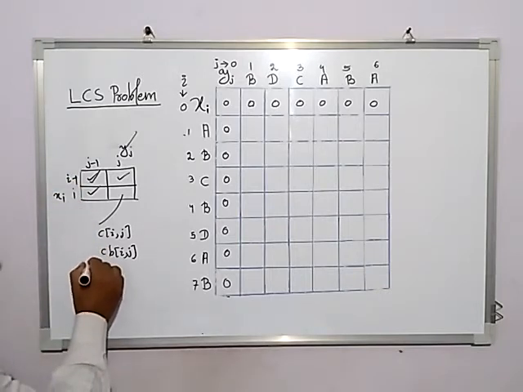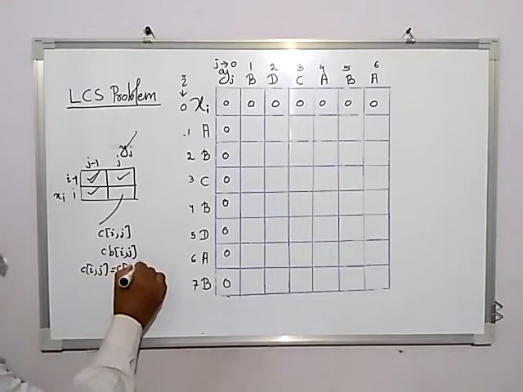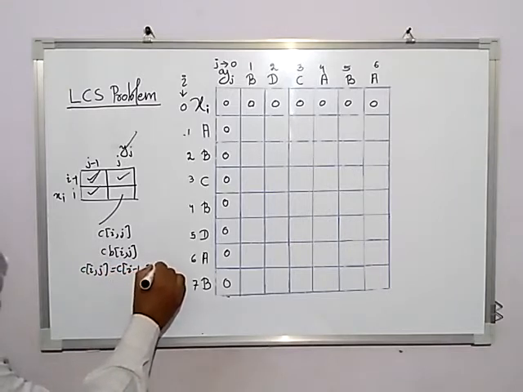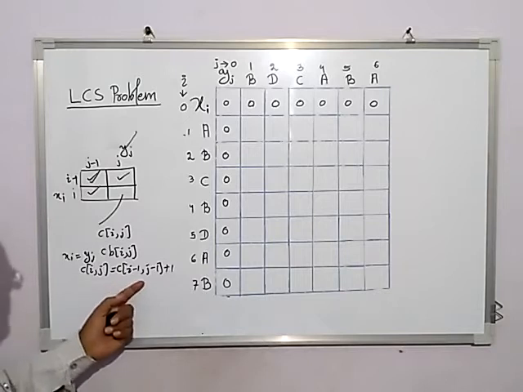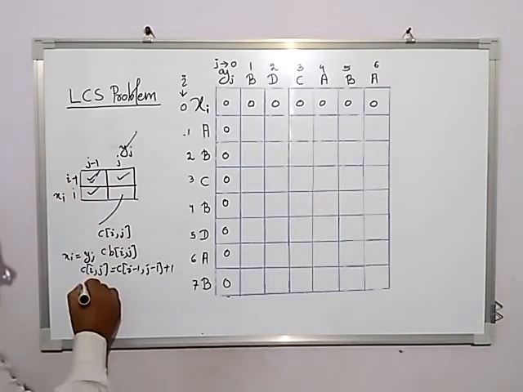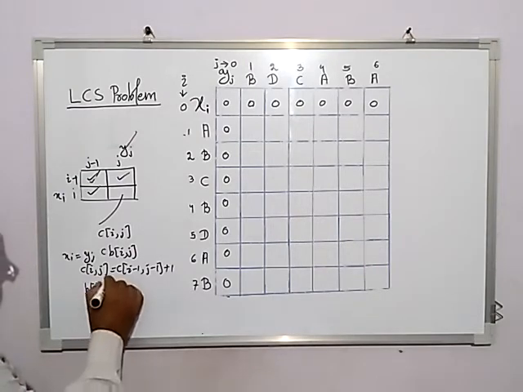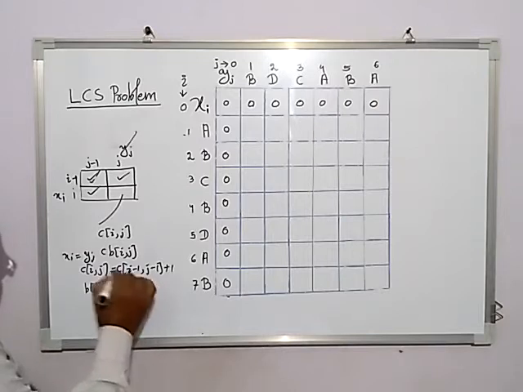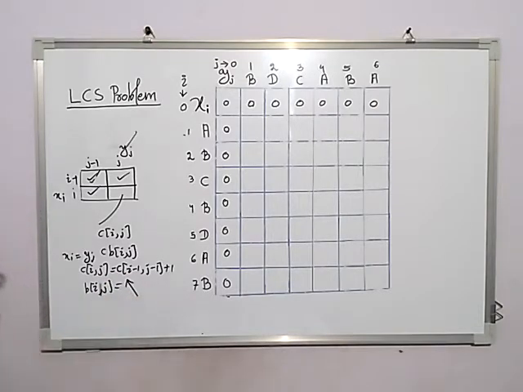That means in this case C of ij equal to C of i minus 1, j minus 1 plus 1, means this value plus 1. And what will be the value of B of ij? B of ij equal to winding. You store the slanting arrow.